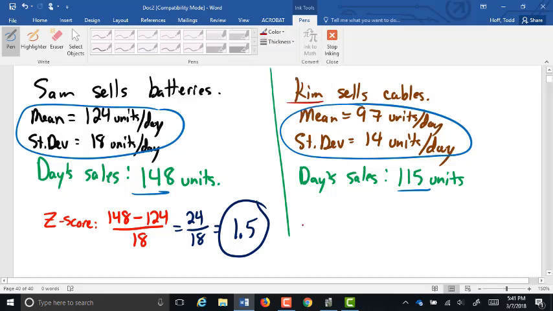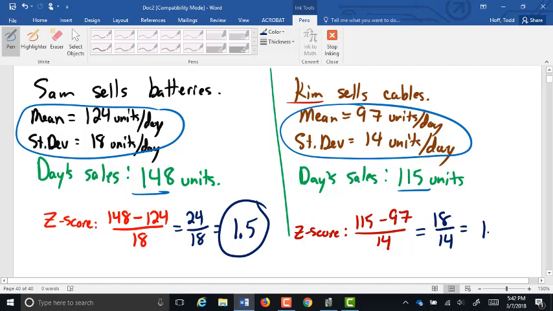Now for Kim, the Z-score is going to be Kim's sales of 115 minus the mean of 97 divided by the standard deviation of 14. Well, 115 minus 97 is 18.